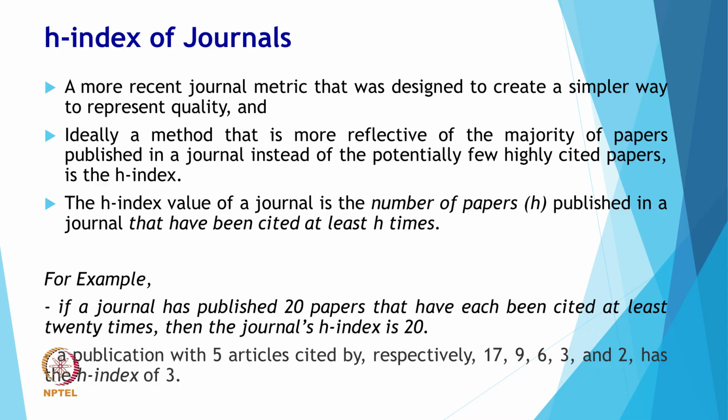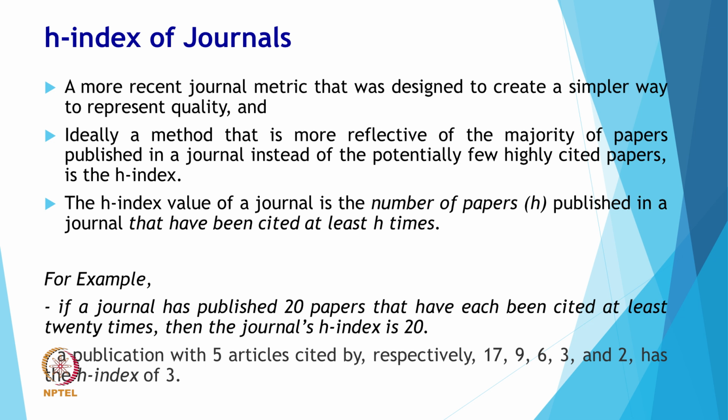What is the H-index of journals? It is a more recent journal metric that was designed to create a simple way to represent the quality of a journal. Ideally, a method that is more reflective of the majority of papers published in a journal, instead of potentially a few highly cited papers, is the H-index.